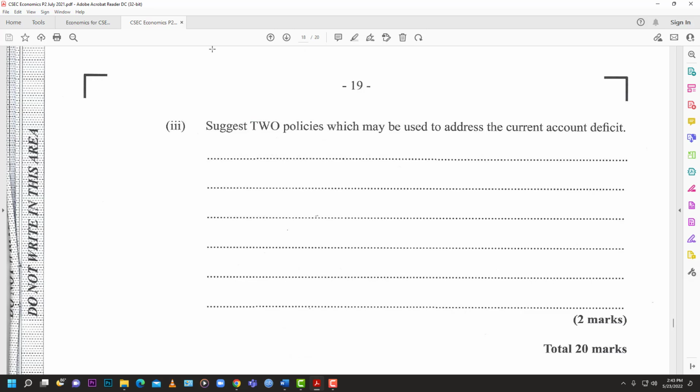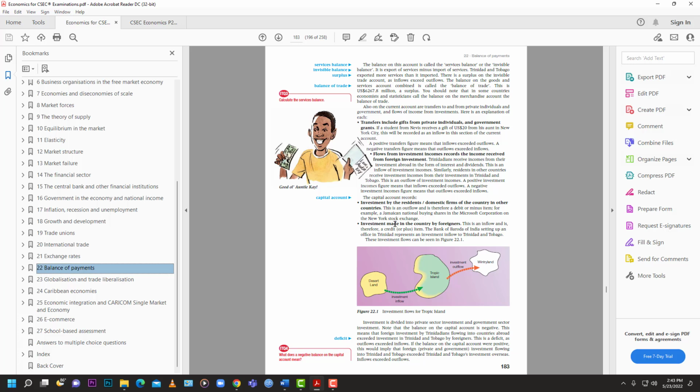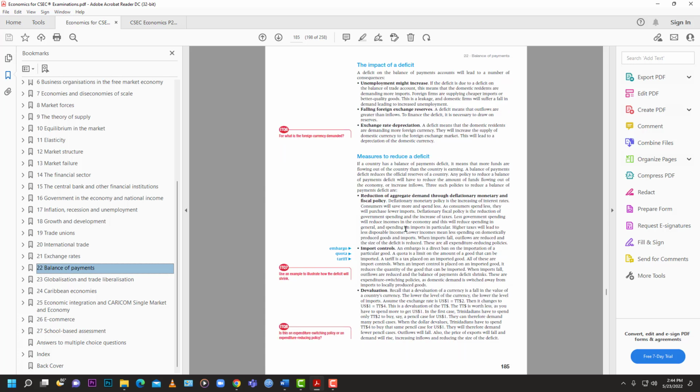And so we have the policies that we can use here. Based on what you're trying to accomplish, we can always use our deflationary monetary policy or fiscal policy to try to get this thing sorted out. So, measures to reduce deficit.